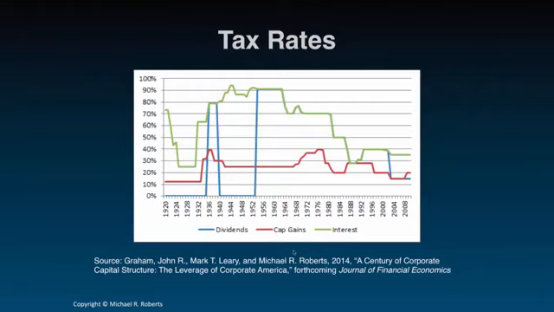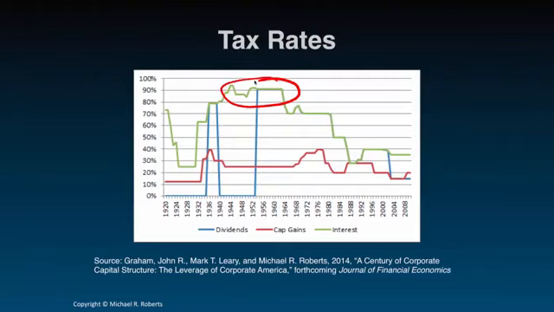And I don't want to make too much of this picture, but I just want to emphasize a couple of things. First, you should see that the tax rates are moving all over the place. There's an enormous amount of variation in taxes over time. And number two, you can see that historically, tax rates have gotten really high.